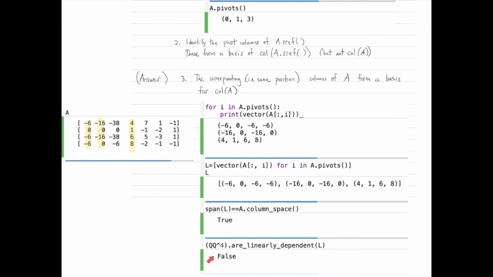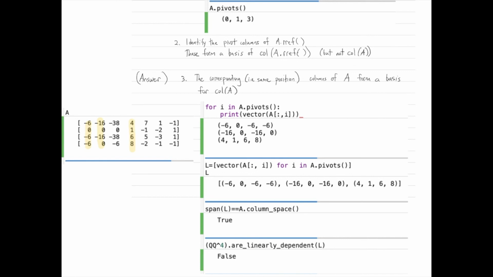And fortunately, as expected, they are not linearly dependent. And so that's why Sage is returning false. They're not linearly dependent. That means they're linearly independent. And then they also span the column space, and therefore they form a basis, because a basis is a set of vectors that span and is linearly independent.